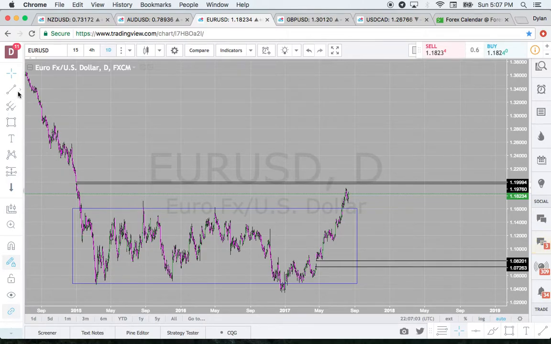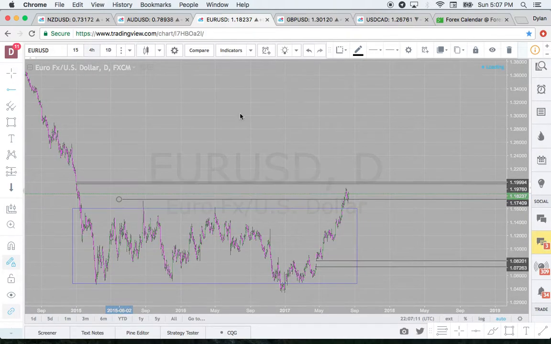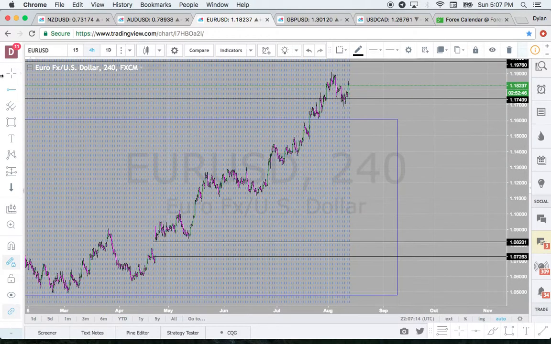So let's look at some previous structures on the 4-hour chart.